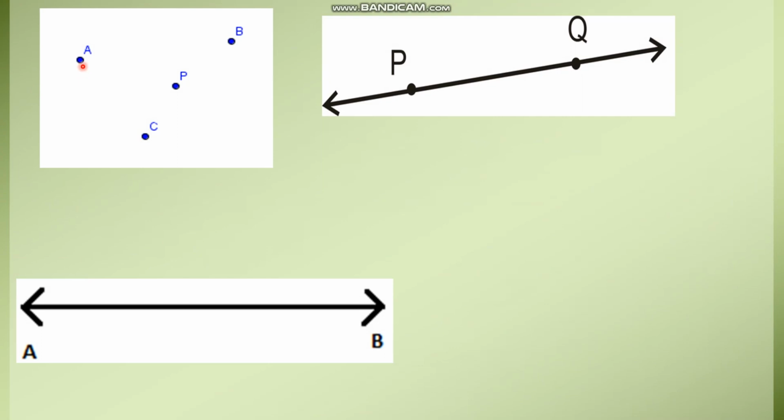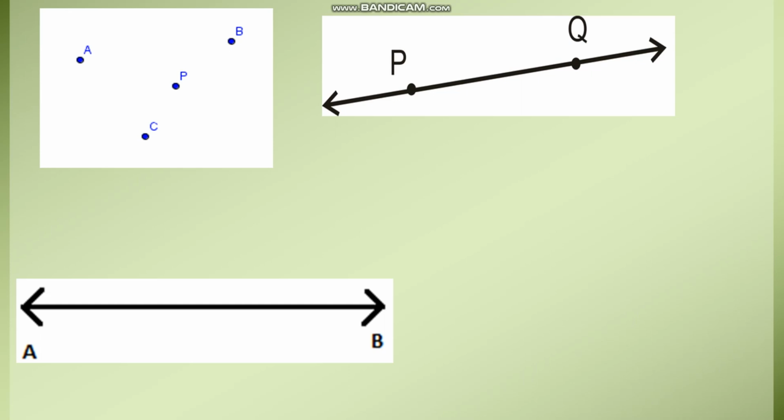Look, here these points A, C, P, B, these all are points, and this is a line, and this one is also a line. Tell me, children, how can we read a point? It is point A, point C, point P, point B. And look at this one.